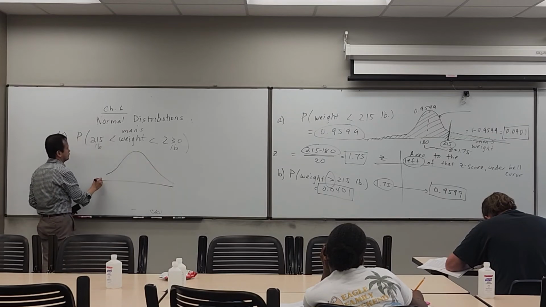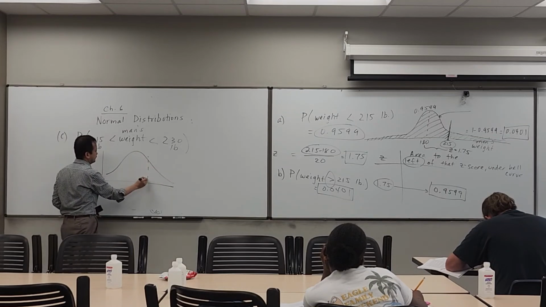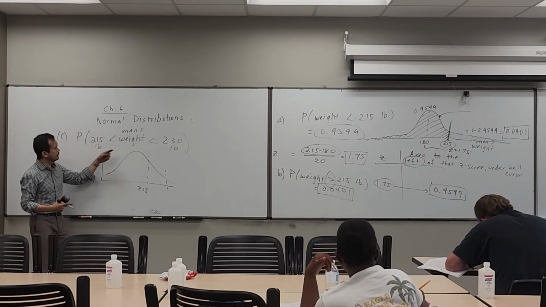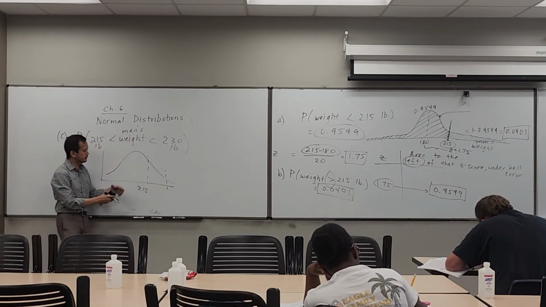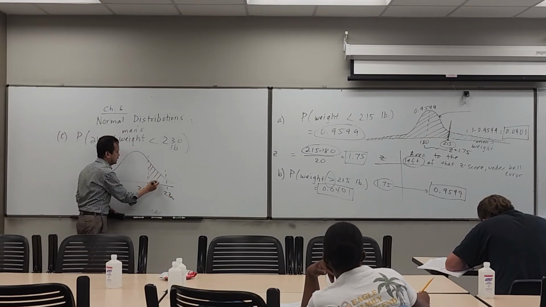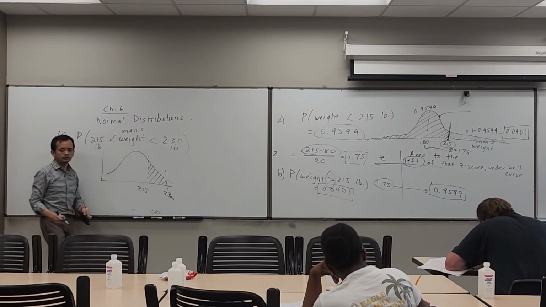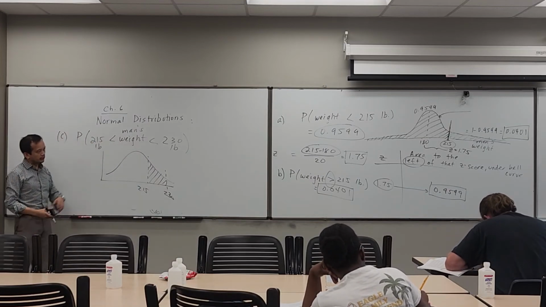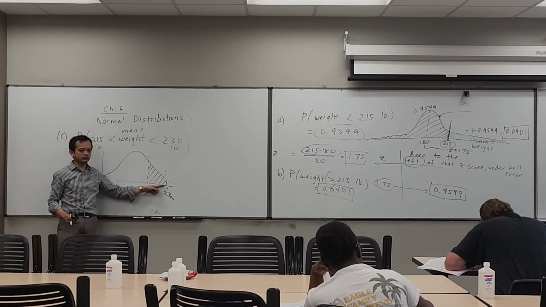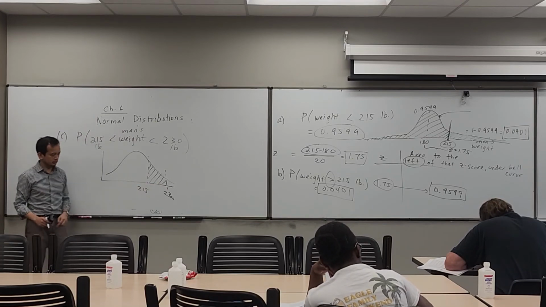If we visualize this, finding the probability that this variable is between these two numbers is the same as finding the area under the bell curve between these two values. We know how to find a left area and a right area. How do we find a middle area in between two values?